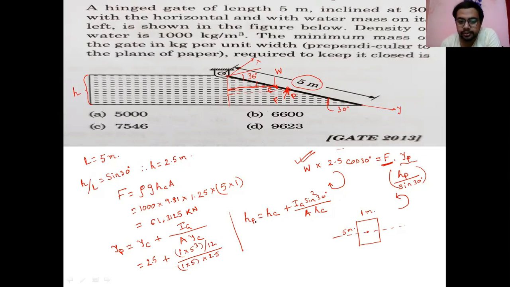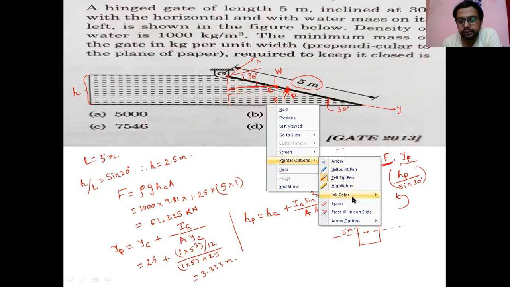If you do the calculation of this problem, your value will become nearly 3.33. If you go for the hp calculation, it will be divided by 2, because hp is nothing but yp sin 30. Whatever calculation you do, hp is nothing but yp sin 30.